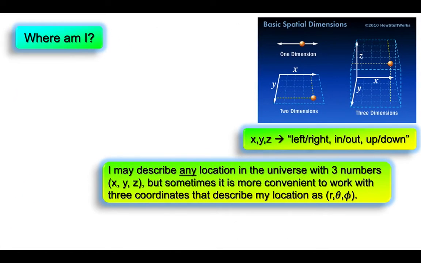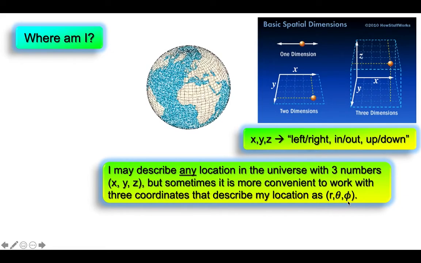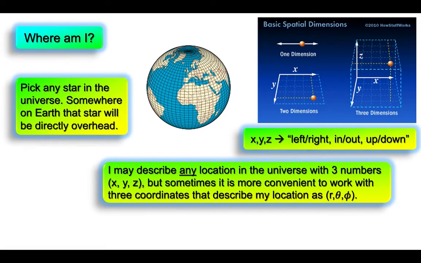But sometimes it might be nicer to work with something that is often called spherical coordinates. So instead of thinking of X, Y, Z, I want to talk about this R, theta, and phi. So here's my R, here's my theta, and here's my phi. Let's pretend we are standing on the surface of the Earth. Now let's pick any star in the universe.